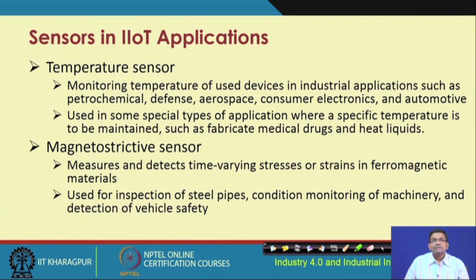Apart from temperature sensors, there are magnetostrictive sensors which measure and detect time varying stresses or strains in ferromagnetic materials. These are typically used for inspection of steel pipes, condition monitoring of machinery and detection of vehicle safety.